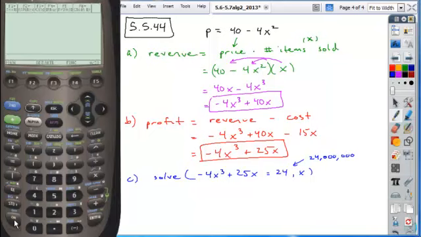Now as you enter this, in the F2 algebra tab, choose the solve feature: negative 4x cubed plus 25x is equal to 24, and solve for x. When you do that, you get your solutions.